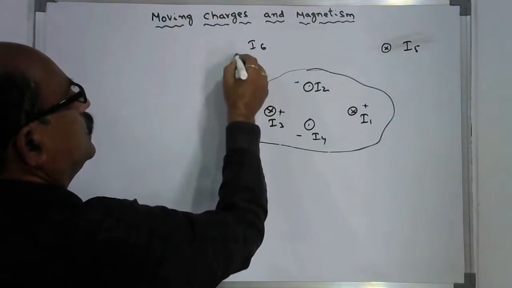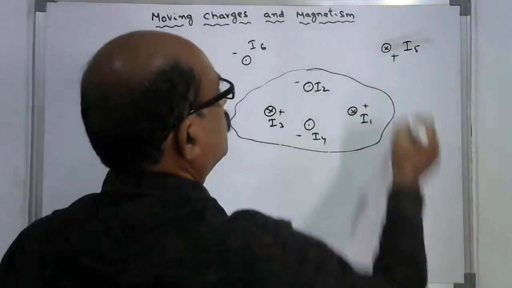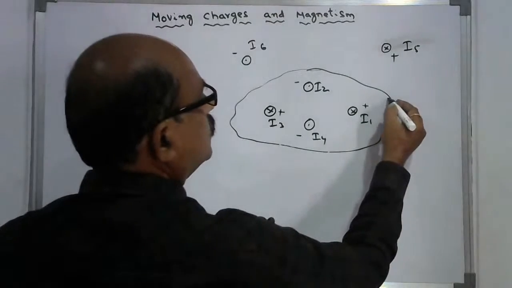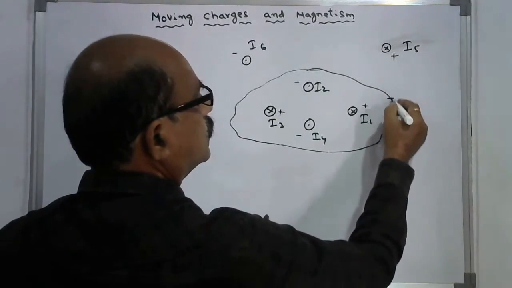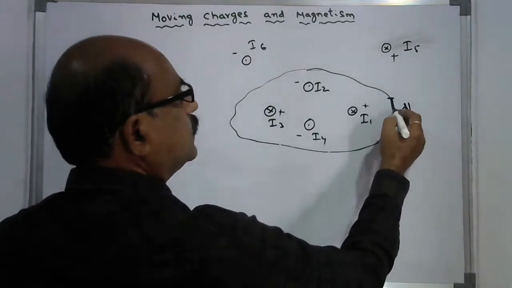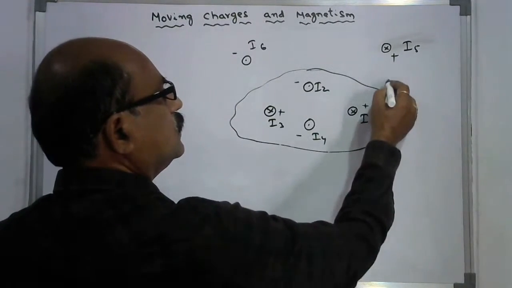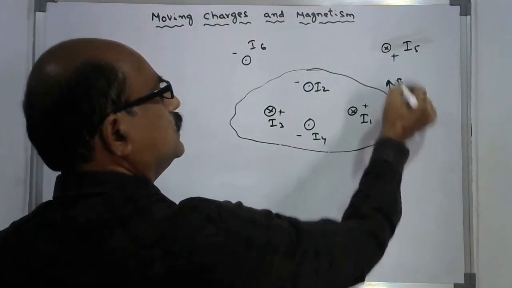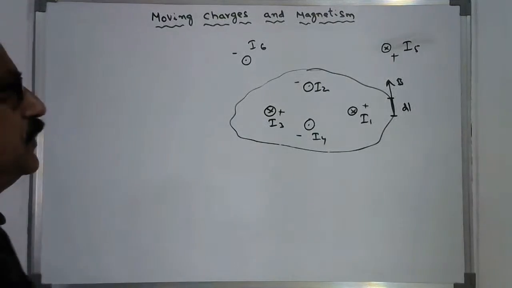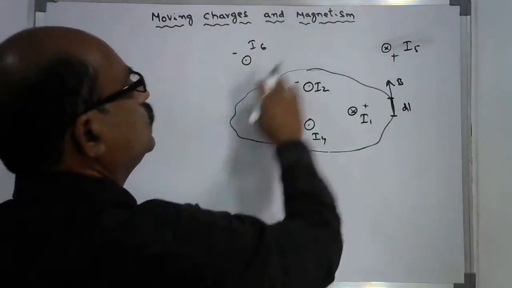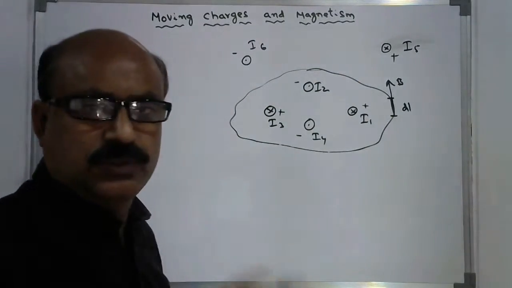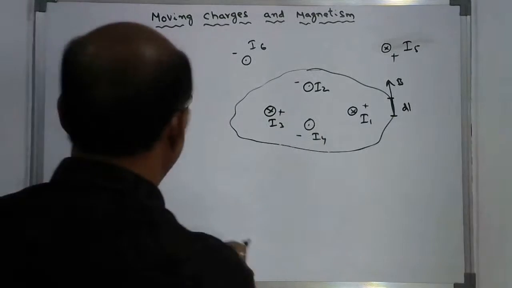So this will be a current minus and this will be plus. So I would like to find the magnetic induction at this particular point, a small element dl. And this is the magnetic field in this particular position, in the tangent drawn at that point. Then what is the net current due to these different currents in the enclosure, closed mesh, closed circuit?